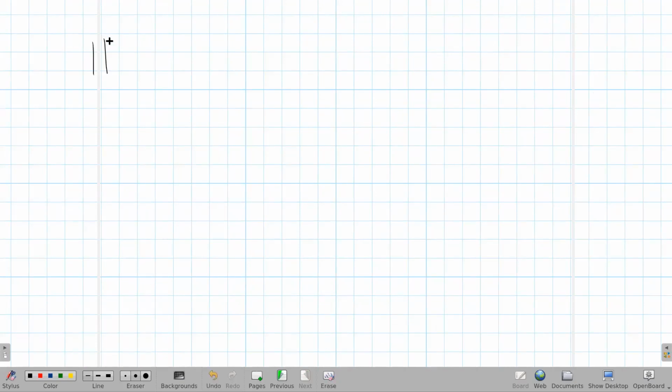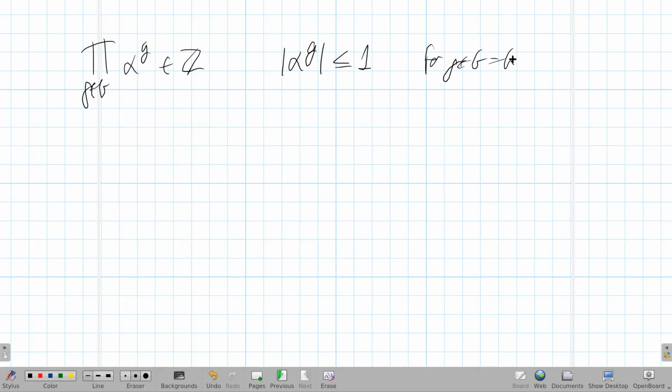We have shown so far that this is an integer, but all alpha G's have absolute value at most 1, for all G, which recall is in the Galois group. And then this means that this object has absolute value at most 1, simply because of the absolute value of a product.